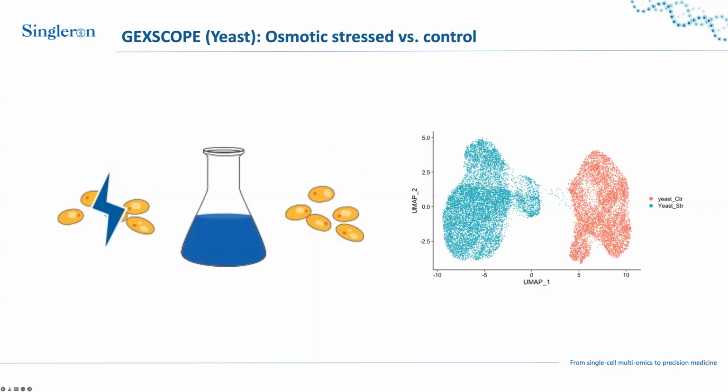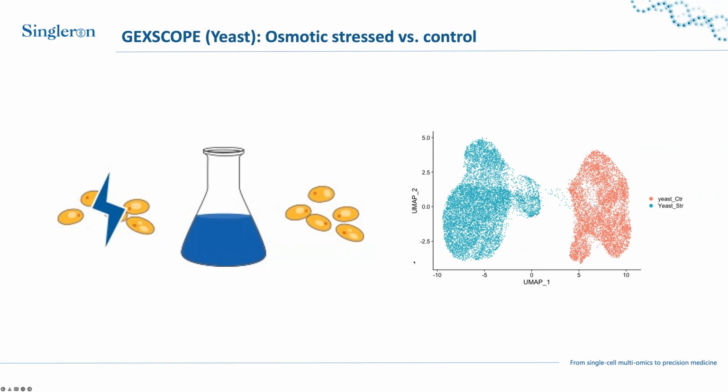So here's an example for an experiment. We used a mixture of different Saccharomyces cerevisiae strains, cells with different mutations, and one group was exposed to osmotic stress, and another group was the control group.